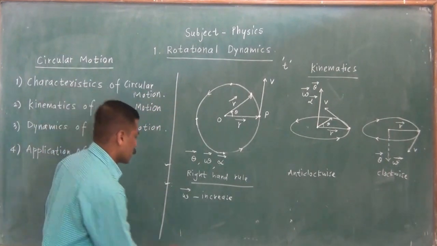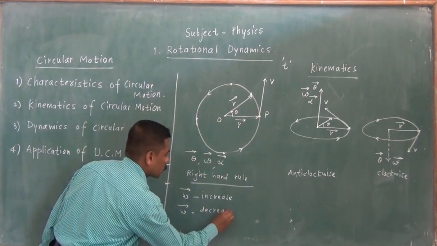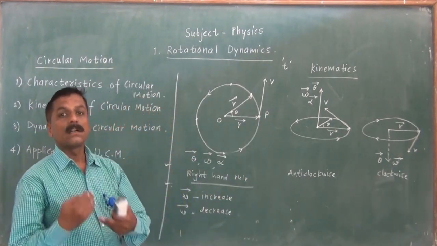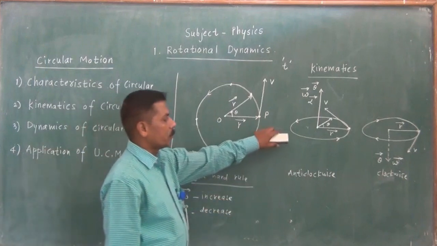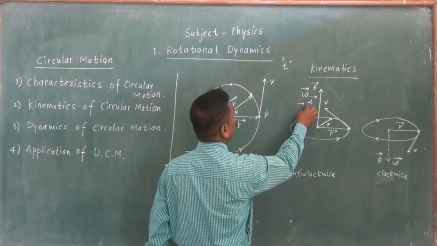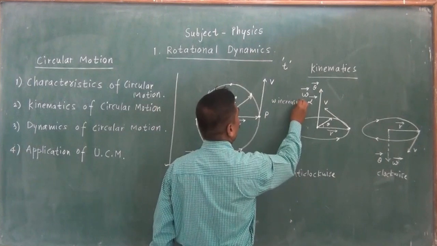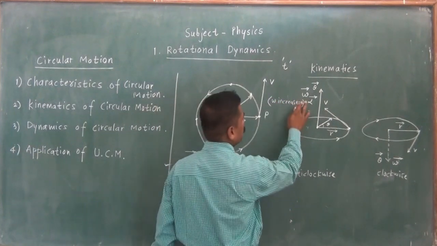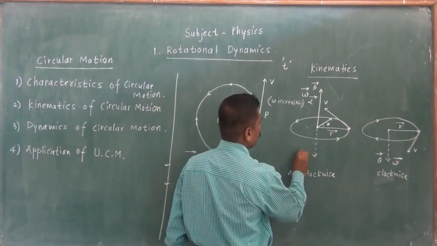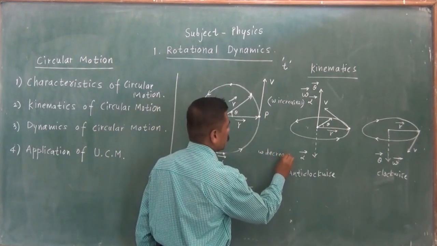Otherwise, if omega goes on decreasing, the direction of alpha will be downward.